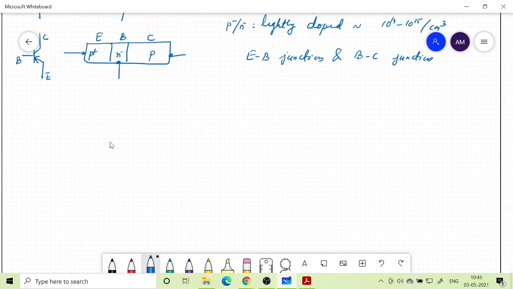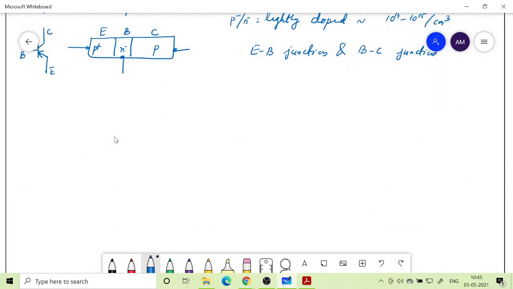Now in order to make a BJT function, or to use it for the purpose of designing an amplifier, one of the first things that you need to look at is the characteristics, the behavior of the device. There are various biasing options you can apply. That means since there are 3 terminals, you can apply at least 2 voltages across these terminals, and that will define the voltages across the emitter base junction and the base collector junction.